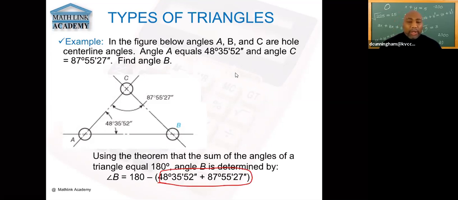Let this slide show us the adding of the angles and then the subtraction from 180 degrees. When we set it up, we end up with 43 degrees, 28 minutes, and 41 seconds. Knowing that all three angles are less than 90, this is an example of an acute triangle. And so this is our answer for this particular problem.